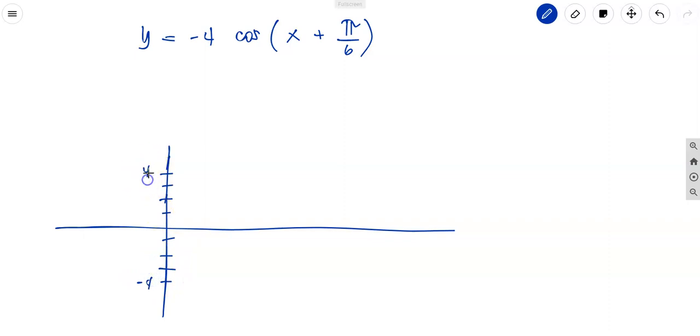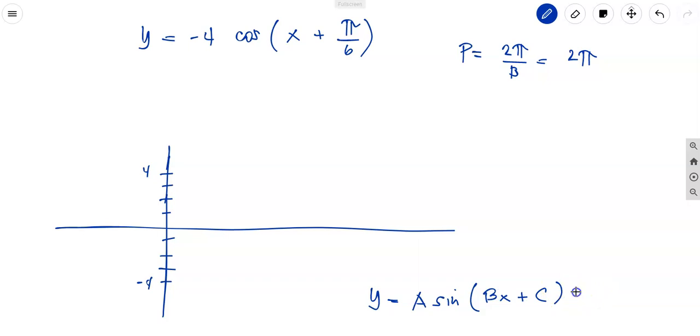The period is equal to 2 pi over b, which is 2 pi because we don't have a value for b here. Remember, we have y is equal to a sine of bx plus c, plus d.